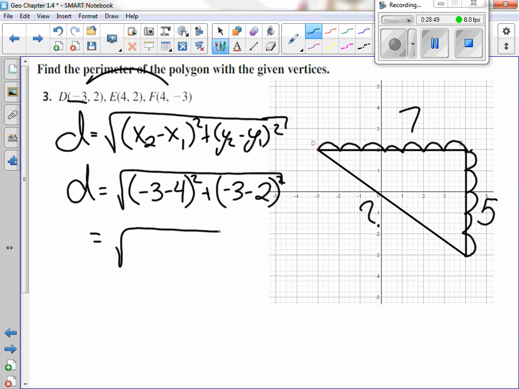And again, at this point here, you could type all of this in the calculator just like you see it, and it will give you the answer. Or if you do it by hand, like I do it most times, -3 minus 4 is -7. -3 minus 2 is -5.